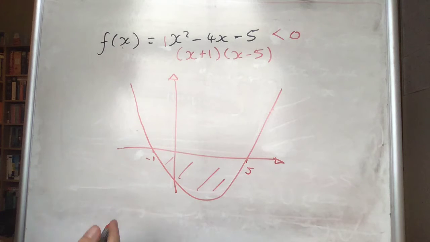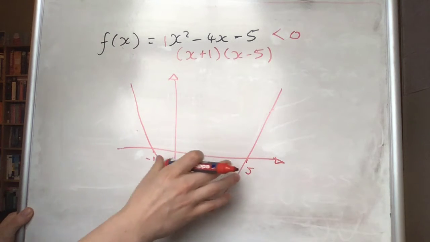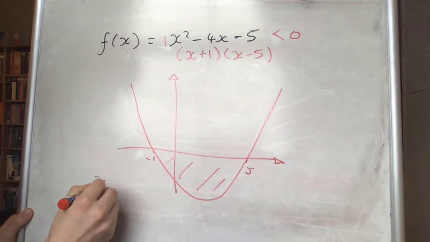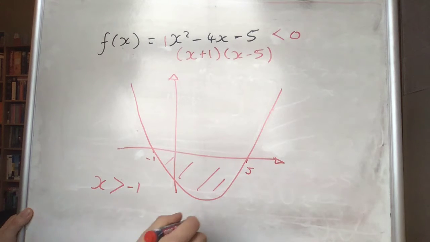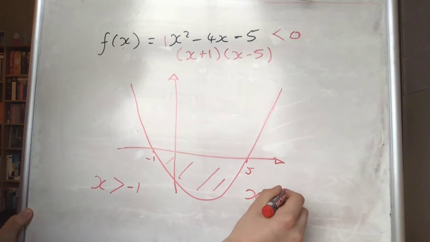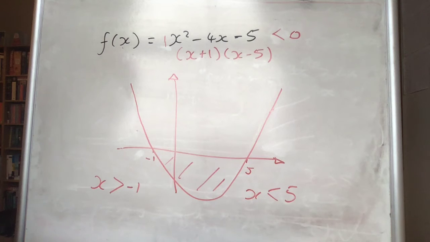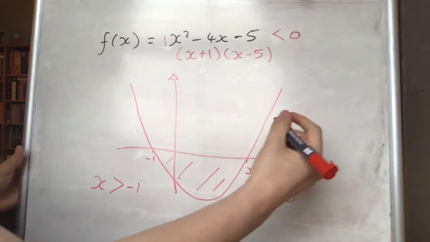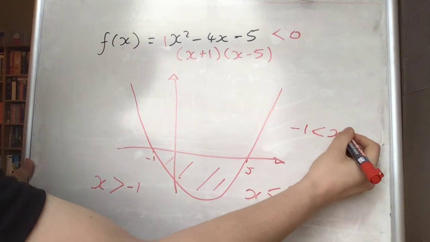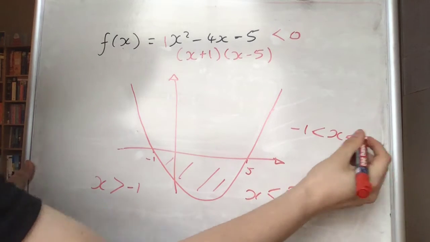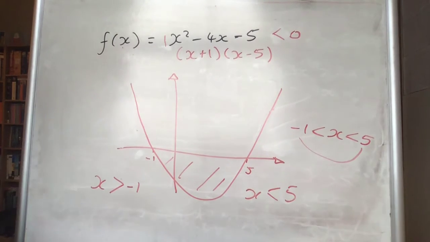And therefore we're looking at between -1 and 5, so it's x is greater than -1 and x is less than 5. And because it's a region like that, we can just write -1 < x < 5 because it's within that range. So that should allow your brain to identify and see how these quadratic inequalities work.